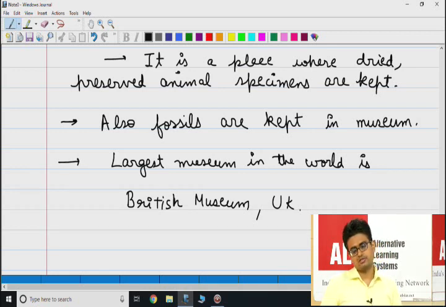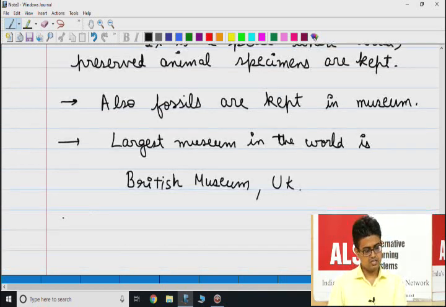And it happened also. 2 British explorers who opened it died within 1 week. That's a mystery how they died. One died of malaria, other died of some other natural causes, but they both died. His half treasure is kept in Cairo Museum, Egypt, and other half is kept in British Museum. And even India's Kohinoor diamond is kept in British Museum, right? So it's a very large museum.